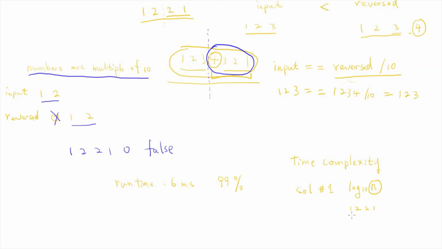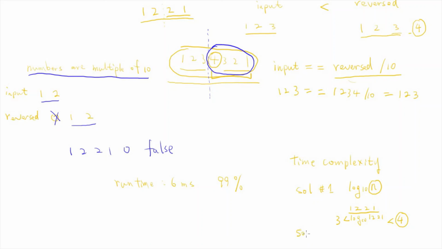If we take log 10 of this number, we will get a value smaller than 4 and greater than 3. And in fact, when we process this number in solution 1, our process iterates 4 times to process each digit. So that's why the time complexity is log 10 n.